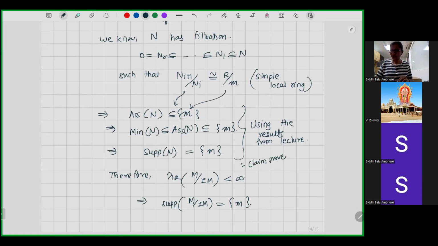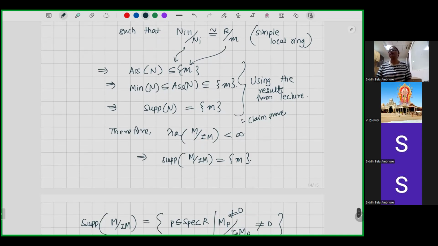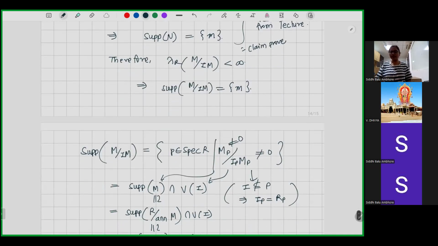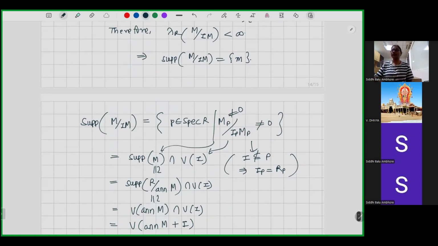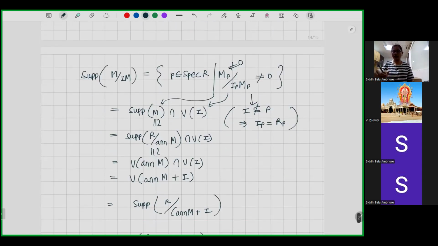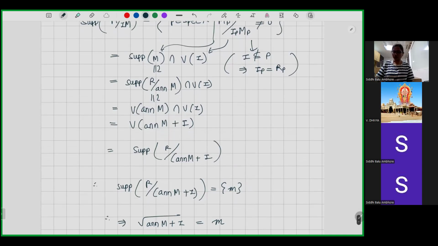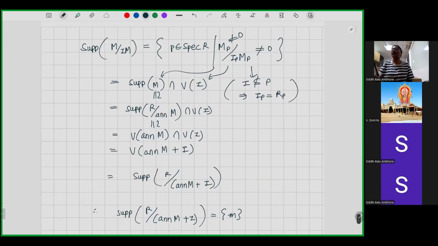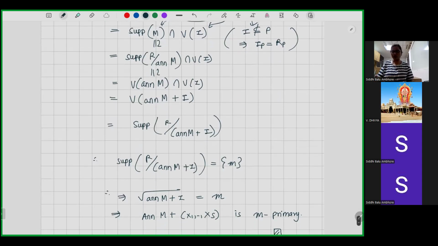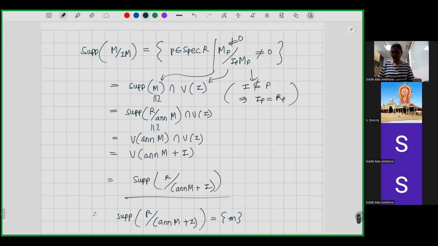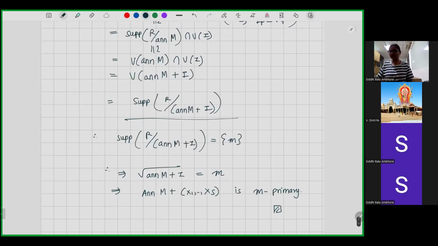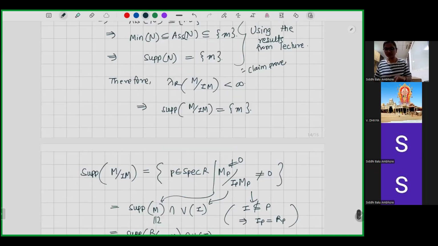And using the claim, we get that the support of M mod IM is this m. We just followed the definition, like how the support of this M mod IM is related to the support of this, and then just by definition, we get that. I mean, you have to go through the notes to understand all the results used here.